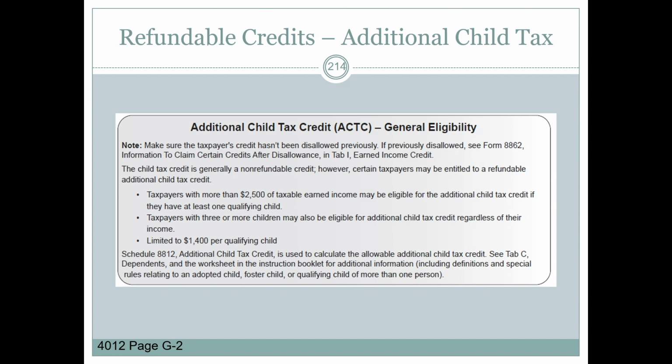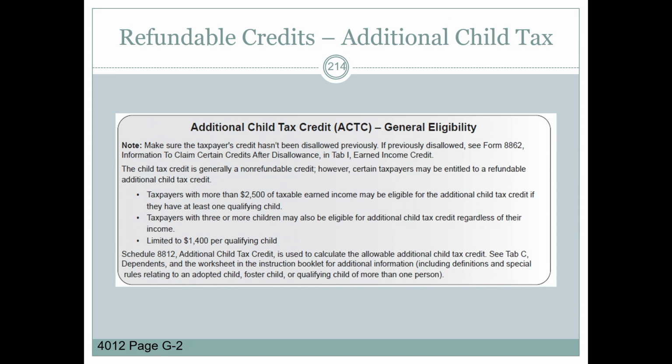The child tax credit is generally a non-refundable credit, which we talked about. However, certain taxpayers may be entitled to a refundable additional child tax credit. It's going to put money in the taxpayer's pocket. These are the requirements. Taxpayers with more than $2,500 of taxable earned income may be eligible for the additional child tax credit if they have at least one qualifying child.